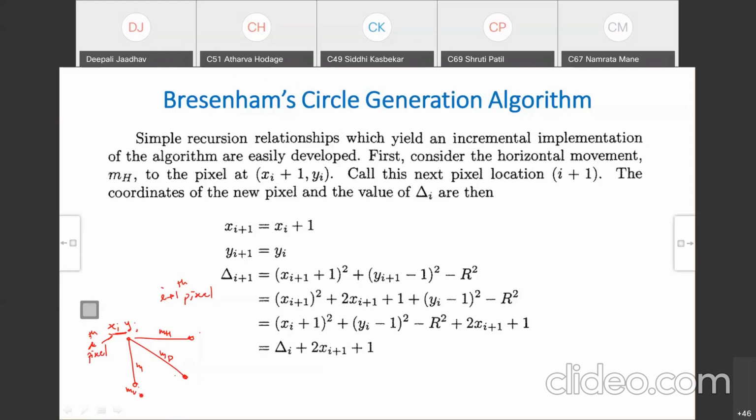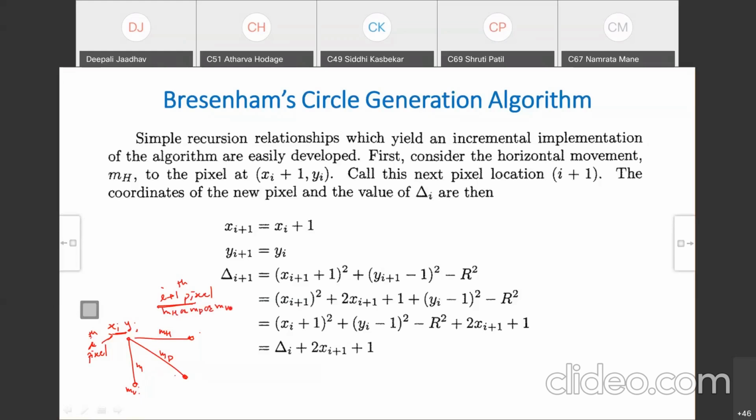If it is this one, then the calculations are given here. Once again I am explaining the pixel which is on the circle. This is the ith pixel. Next we have to select the I plus 1th pixel, which may be either MH or MD or MV.